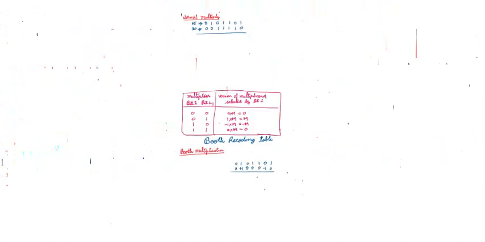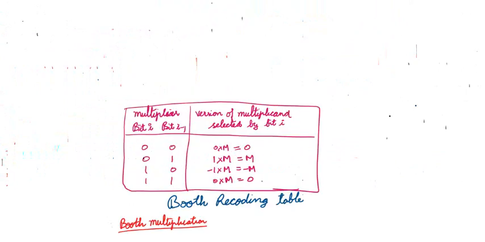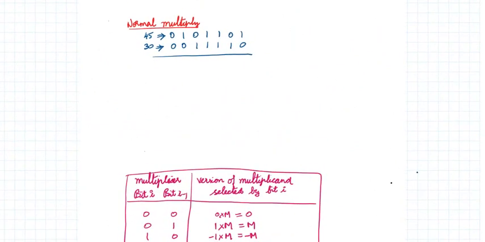Select this example. You see here, this is 45 and the number 30. If you want to multiply, how will we be doing it? We have to take each bit of the multiplier, multiply with the multiplicand, keep on writing, and add things.